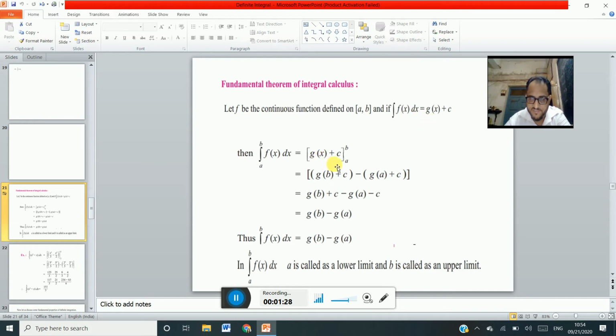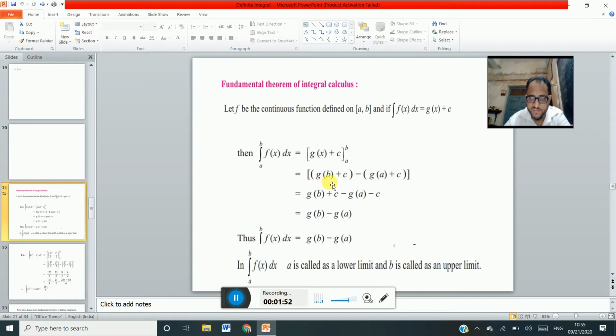But the difference is this: we have to put the limit here, a and b. What is a? Lower limit, and b is the upper limit. So substitution of the limit is upper limit minus lower limit. First of all we have to put b as the upper limit in place of x.